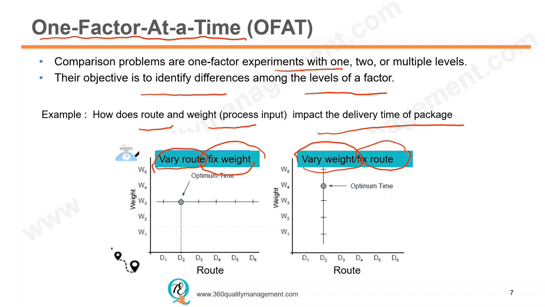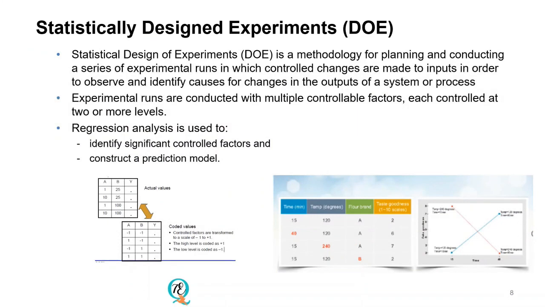We shall look at the next experiment approach, which is best known as design of experiment. A statistically designed experiment, or DOE, is a methodology of planning and conducting a series of experimentation runs with controlled changes in the inputs X in order to observe or identify how they change the outputs, or the response, or the results.